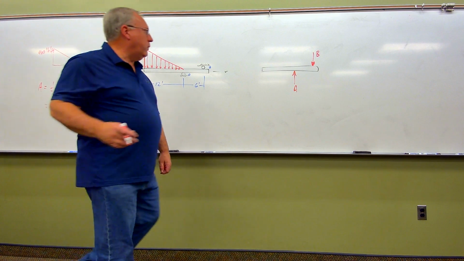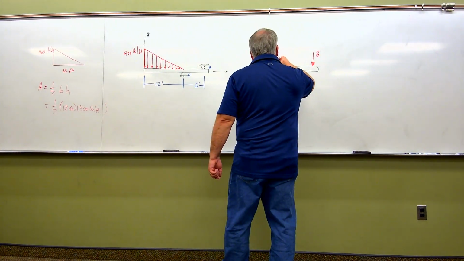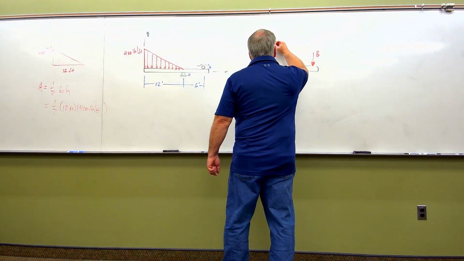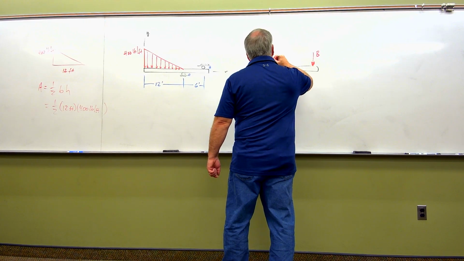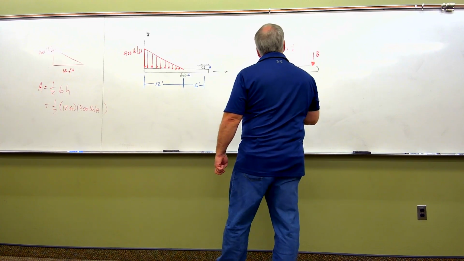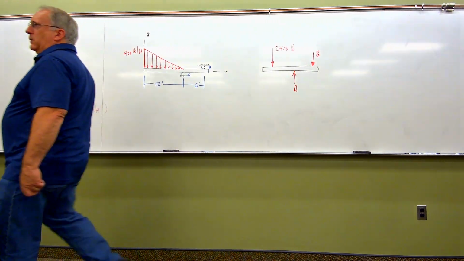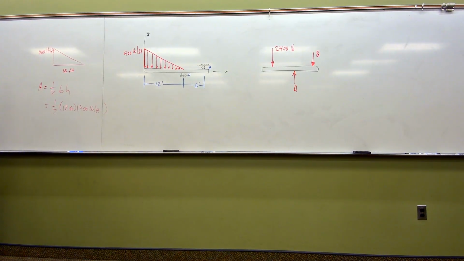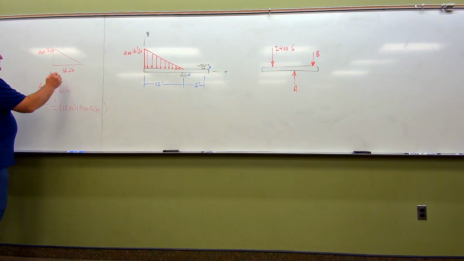So that means that over here, we're going to have a single force pressing down on the beam that has a magnitude of 2,400 pounds. Where does it go, in other words, is it must pass through the centroid of the shape.